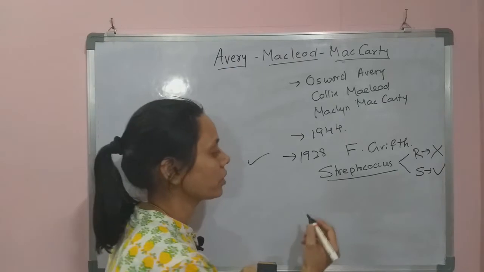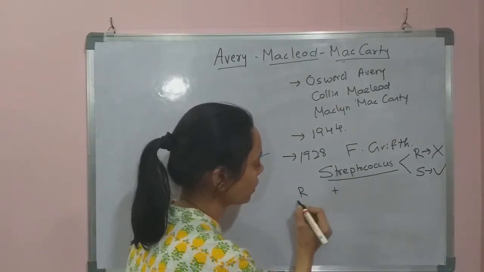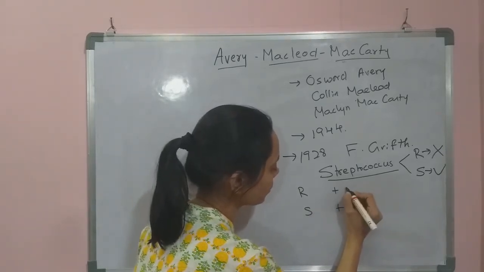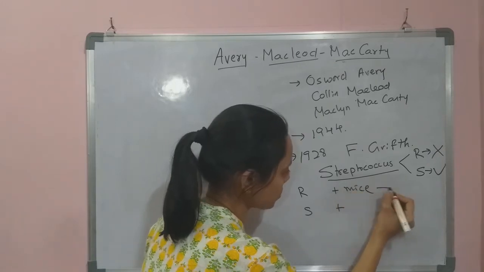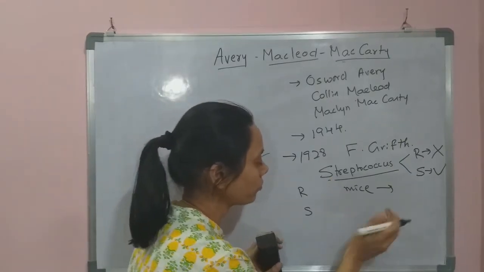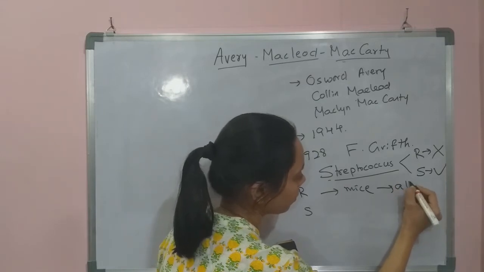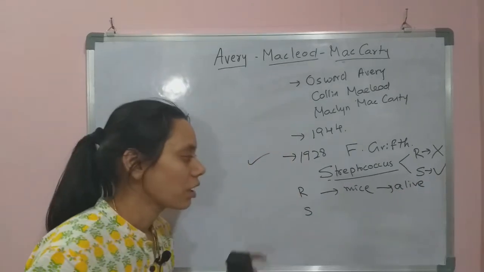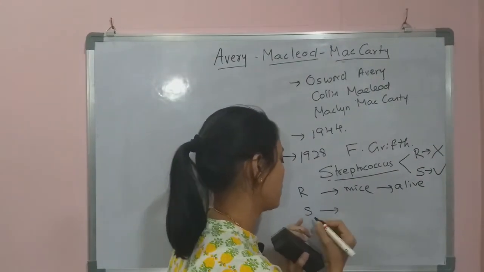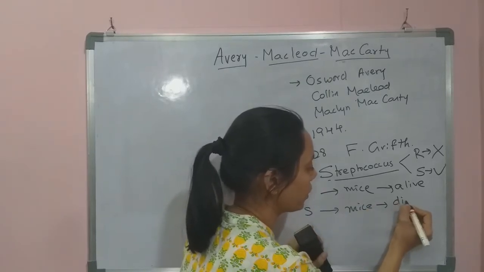In Griffith's experiment, he allowed infection of mice with the R strain and S strain. He observed that when he treated mice with the R strain, they eventually stayed alive. That means the R strain was unable to cause infection in mice. When he used the smooth strain to infect the mice, they eventually died.